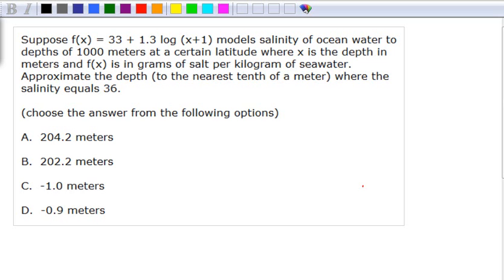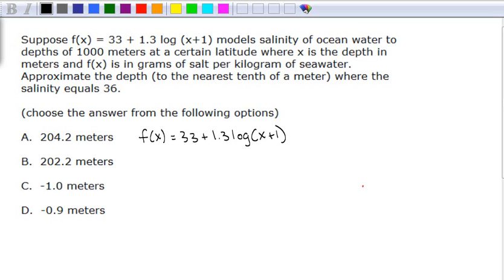So first let's go ahead and write this equation down. What does f of x represent? Well, it says right here that f of x models the salinity of ocean water, so I'm going to write that down.